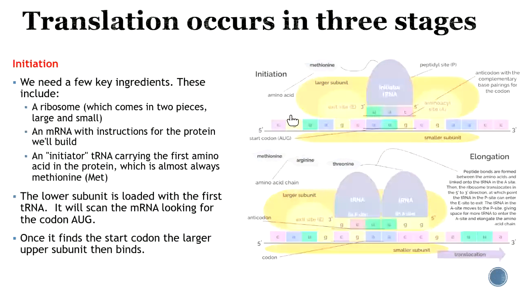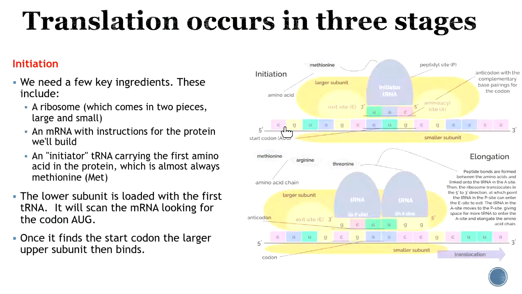What's going to happen is the small subunit is going to scan along looking for a certain sequence, which is that start sequence. This lower subunit is going to be loaded with the first tRNA that codes for methionine. It's our initiator tRNA. It's always going to be the first one. It hops onto the mRNA strand at the 5' end, and it just scans.